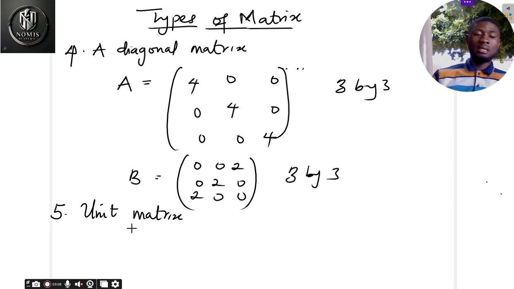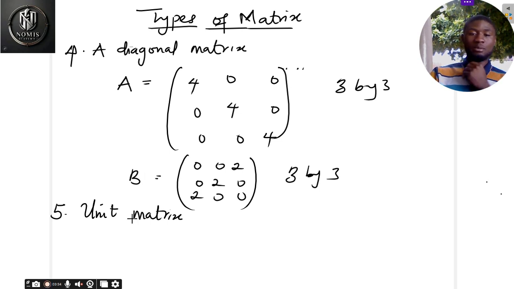A unit matrix is a diagonal matrix in which all elements on the leading diagonal are unity, and it is denoted by I. What do you mean by unity? 1. Are we getting it now?